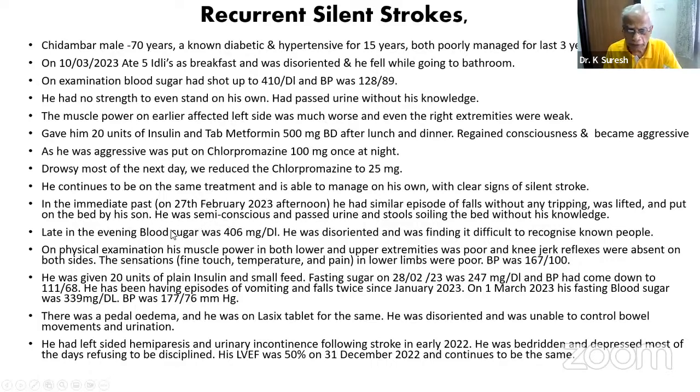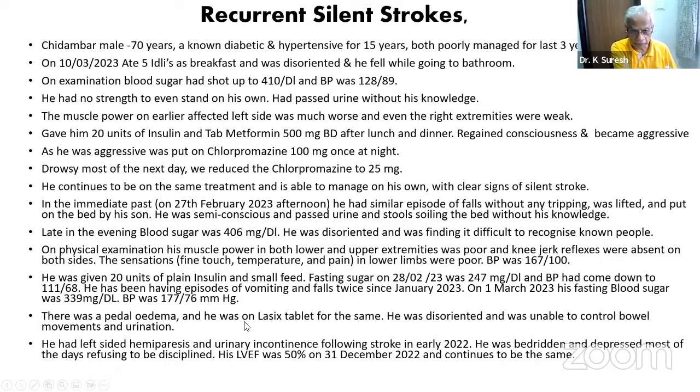He had similar attacks in 2023, twice, once on 27th February 2023. Again, at that time, blood sugar was very high and BP was also very bad. Similarly, he recovered after heavy doses of insulin and follow-up. As of December 22, he did have a stroke.